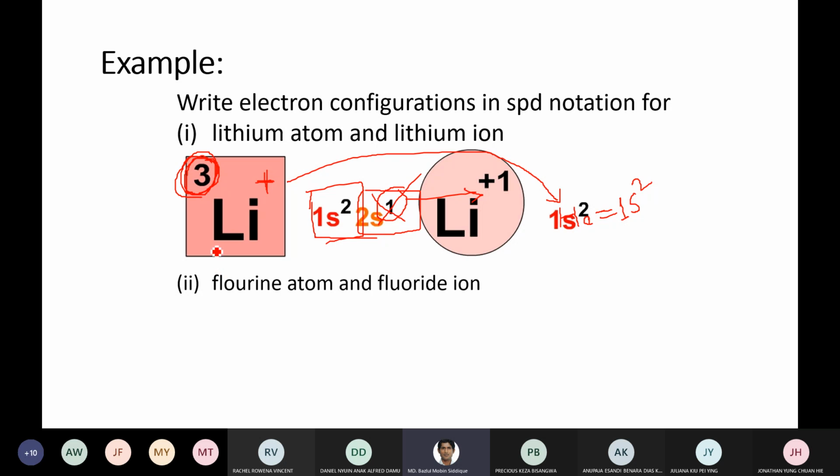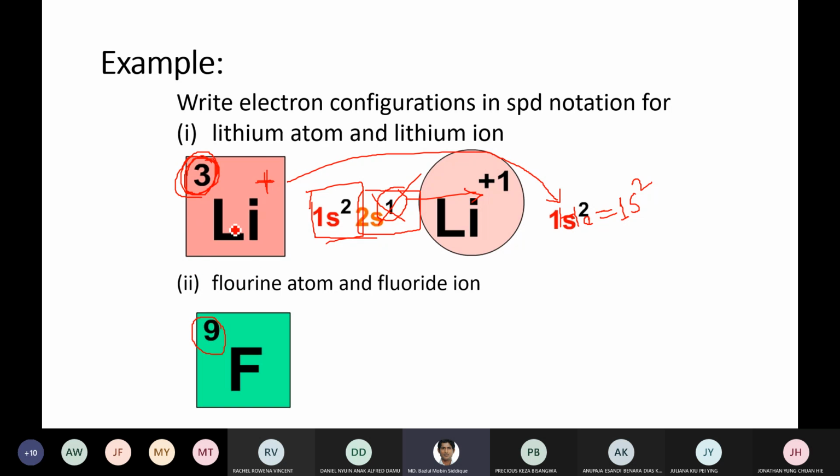Okay, another example is the fluorine atom and the fluoride ion. The fluorine atom has 9 protons, and it has 9 electrons, so it is supposed to be stable in this case.